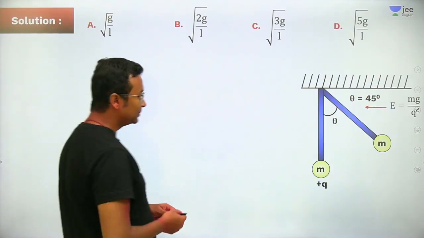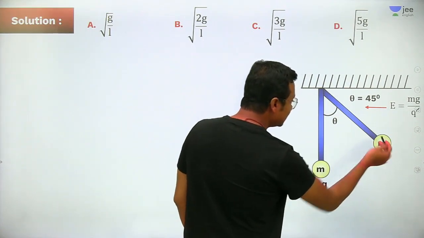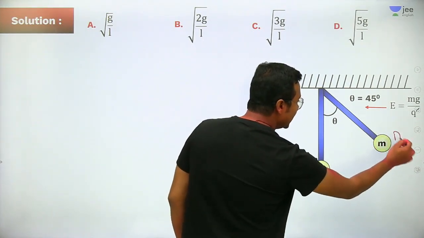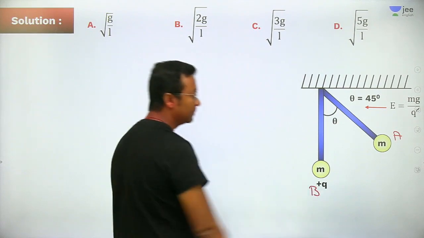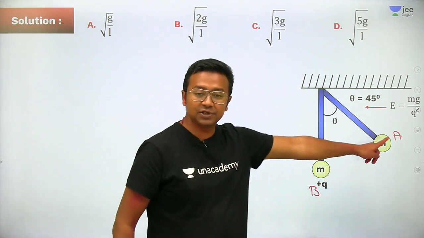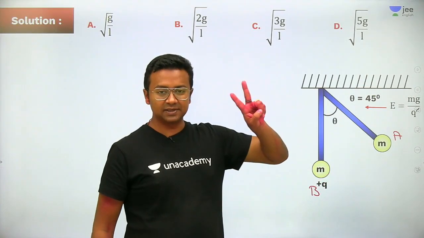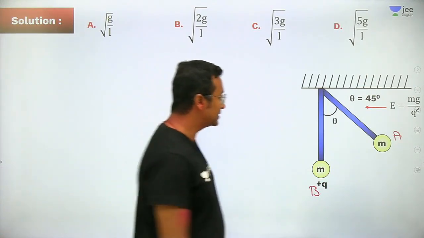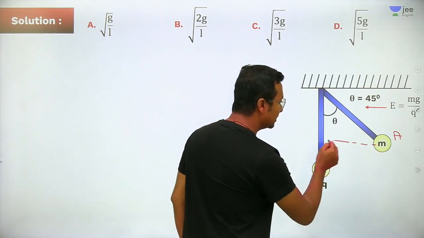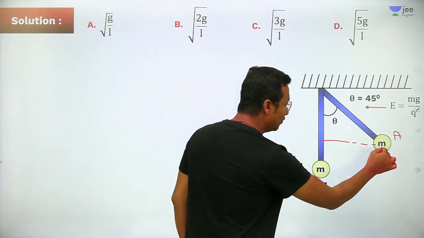Now this ball, as it comes from position A to position B, try and understand, there are two displacements. One displacement has taken place along the x-axis, and it has also moved down.